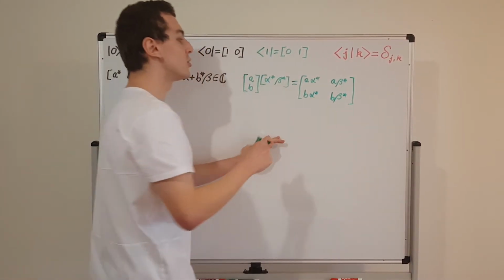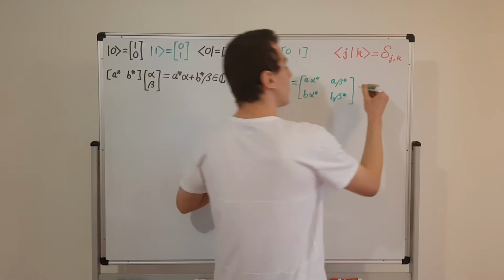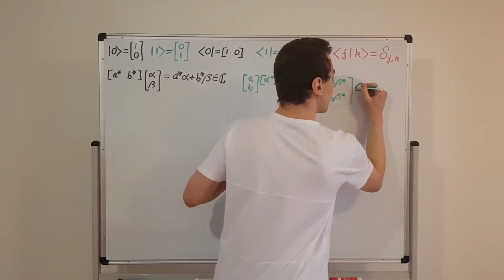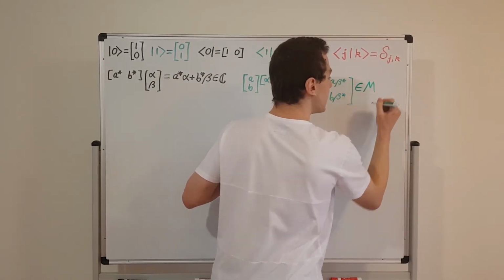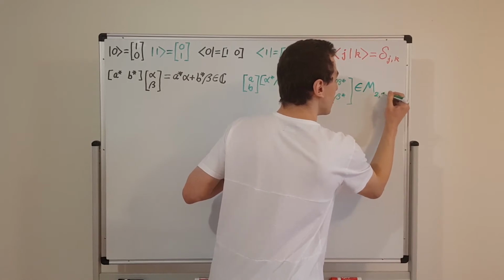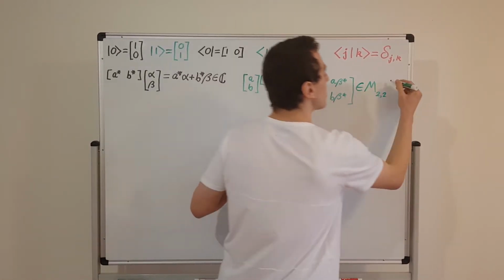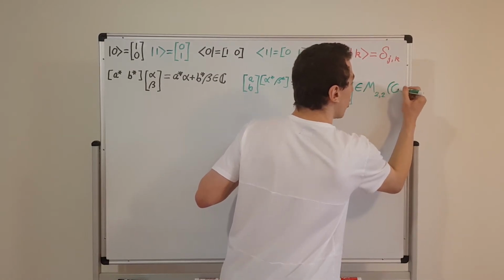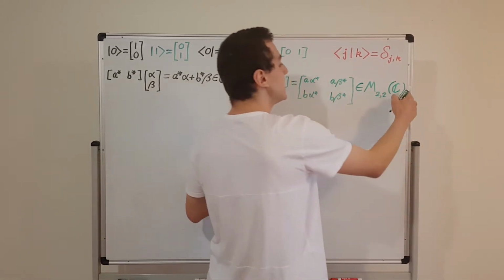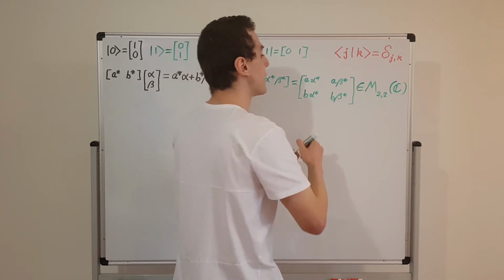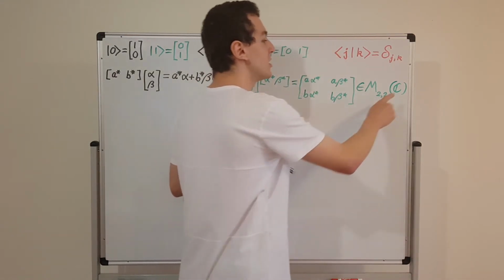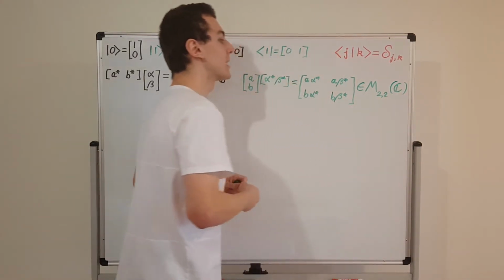So this is the 2 by 2 matrix that we get. And we can write this formally as an element of the matrices that are 2 by 2. I'm specifying the dimensions of the matrix over here. And the entries of this matrix are sourced from the complex numbers. So this is in general a complex valued matrix. And again, we're using that fancy C to denote the complex numbers.